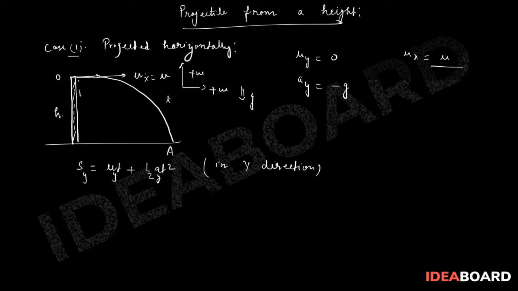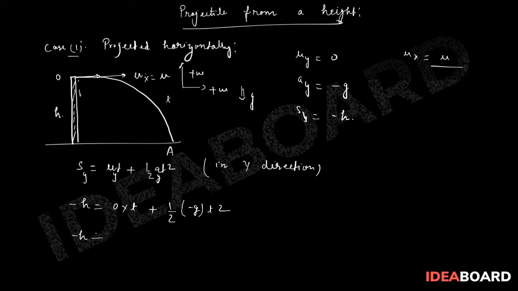And of course uy is 0, and sy I am talking about, so that would be minus h. Now substituting these values, so I get minus h is equal to 0 into t plus half into minus g into t square.